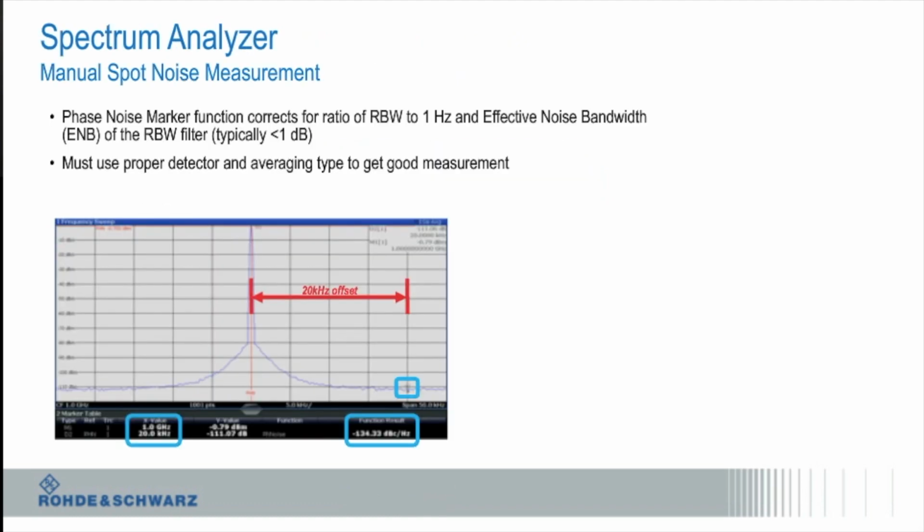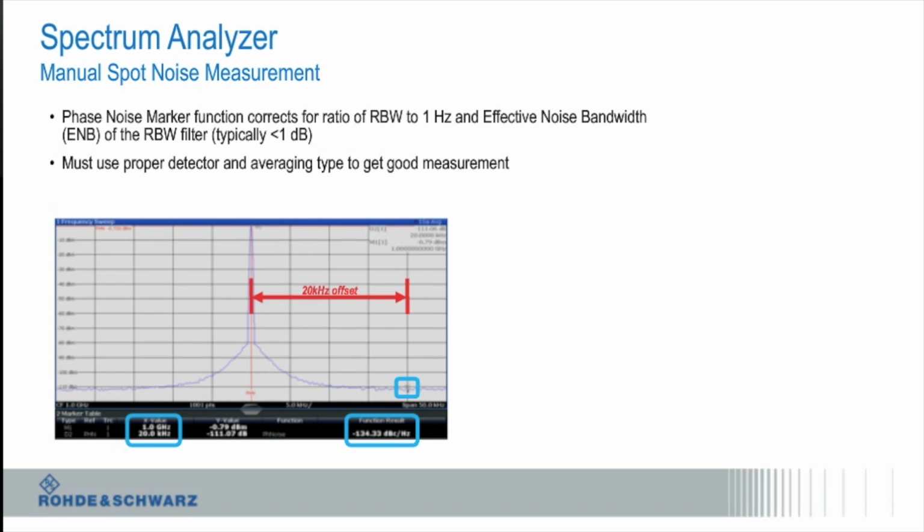So, go over here for a minute. This is manual spot noise measurement. This is in spectrum analyzer mode, right? It's not in phase noise mode. So you see there, I can set the marker. When you go to the marker function, if you've played with a spectrum analyzer before, you'll see that the analyzer will let you look at different things with that marker. Maybe I care about a relative amplitude to another, or relative frequency to another.